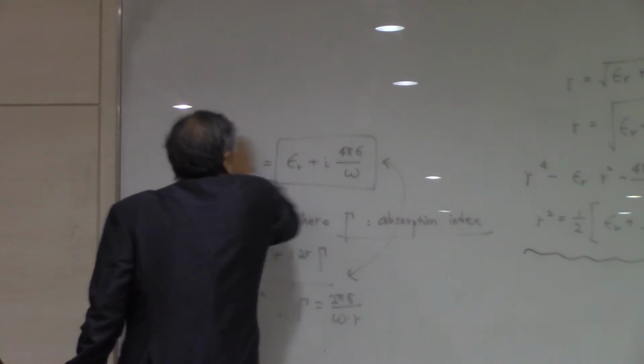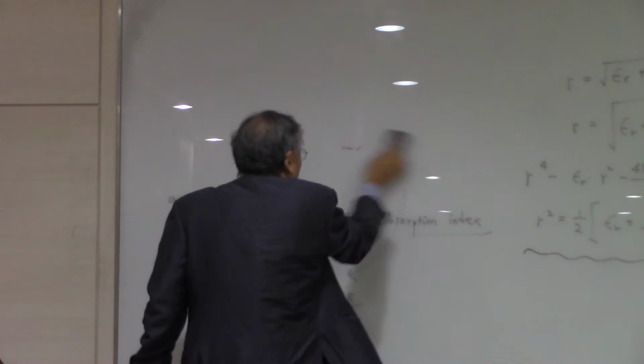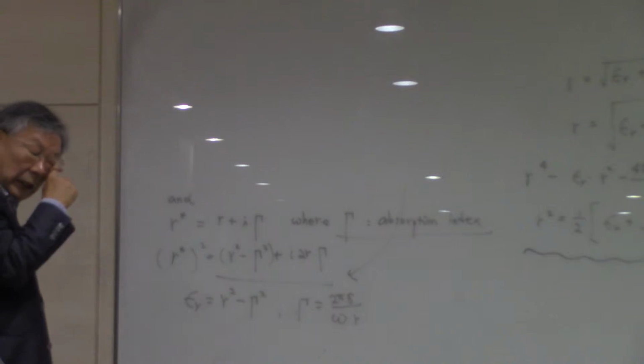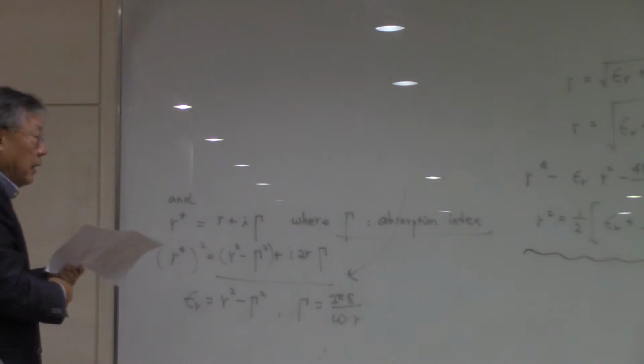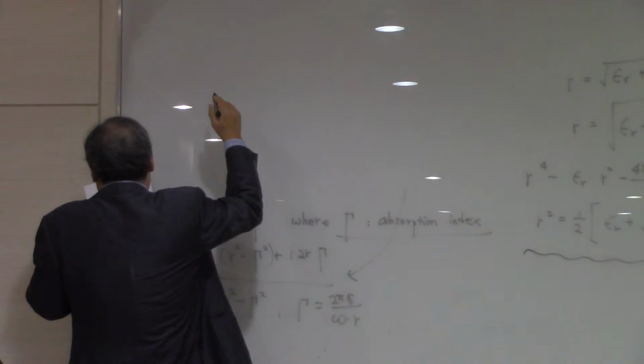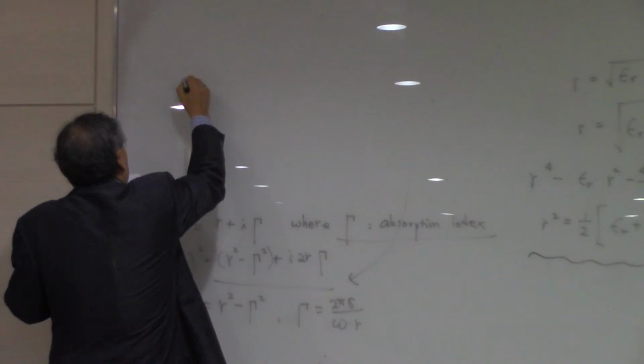Okay. Now we have another parameter which can be measured experimentally, and that is going to be called the absorption constant, alpha.